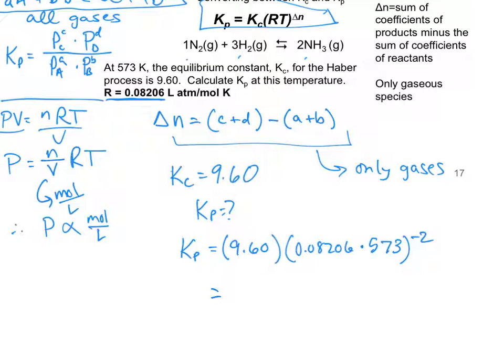And I end up with K sub P equal to 0.00433. Make sense? Questions on this? Okay.